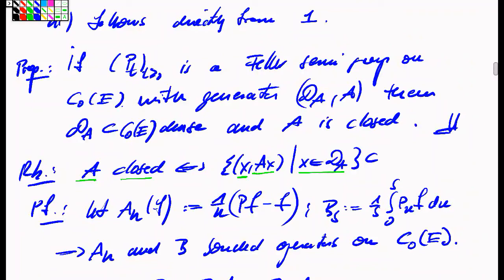In our example, that would mean this is a closed subset of the twofold Cartesian product of the space of continuous functions vanishing at infinity, and the claim is that this is a closed subset.